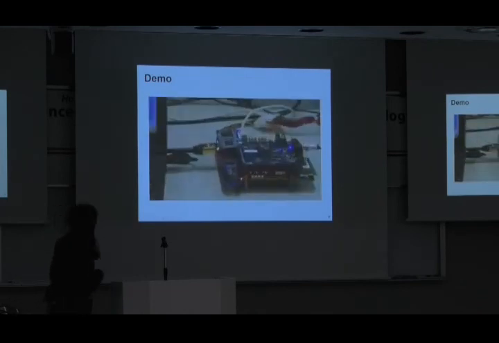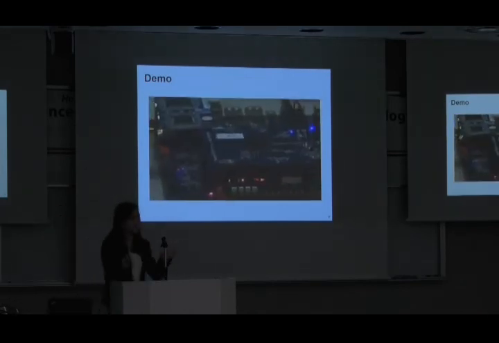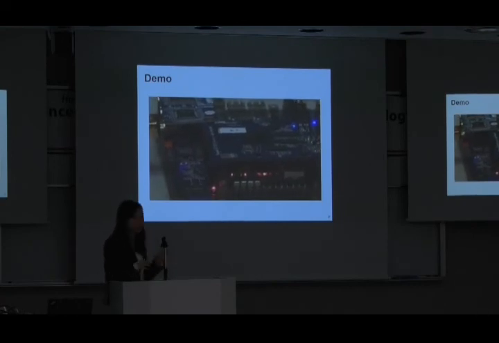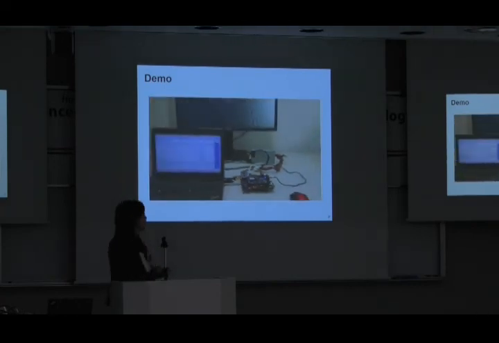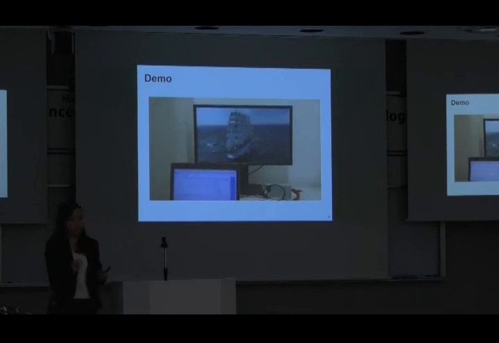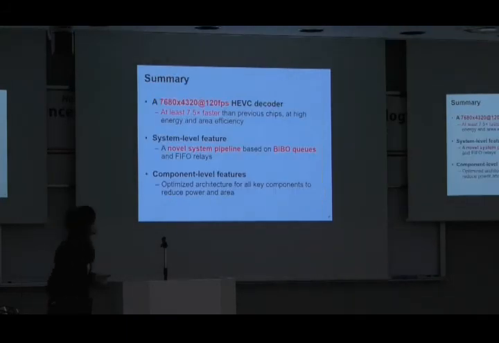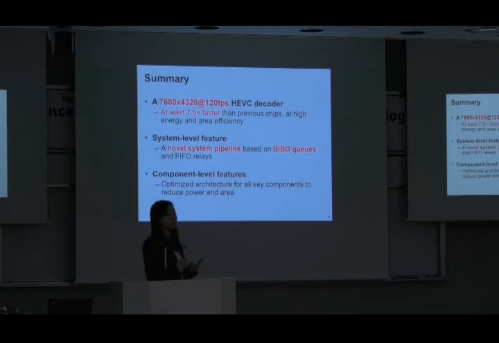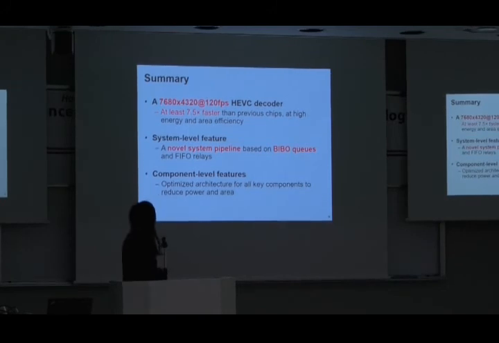This is our chip, and we have the board to put our chip on, and we also have the board to store the decoded picture. That board is the DRAM, and so we can get the result from the chip to check whether our decoded picture is right or not. Of course, we can also check the screen to see whether it is right or not.